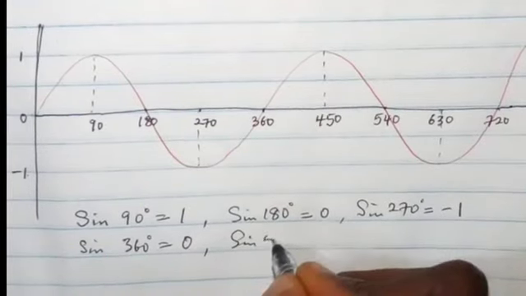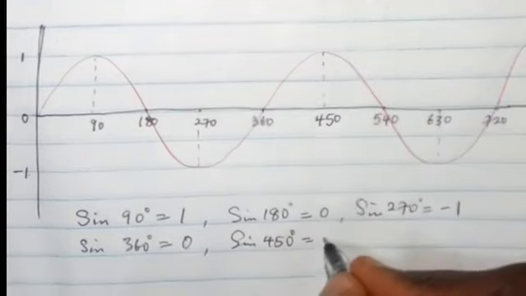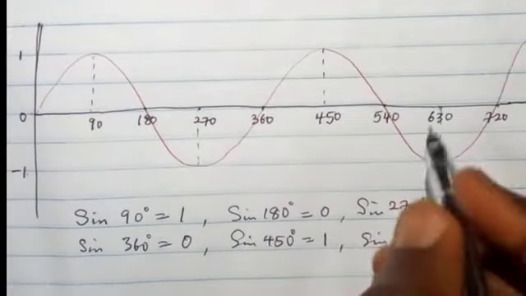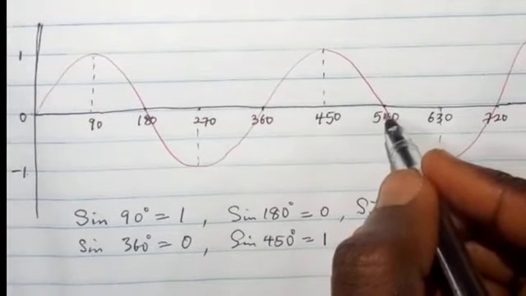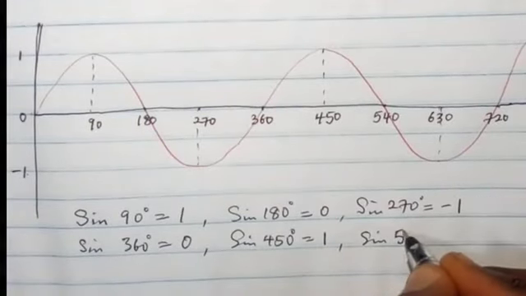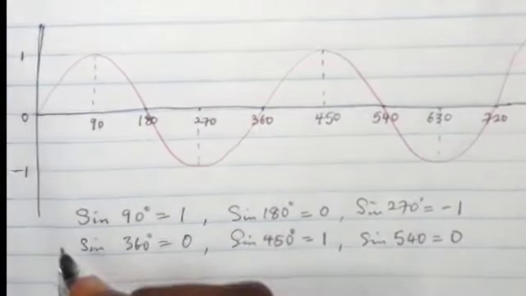For sine 450 degree, it is on the upper amplitude, so we have 1. Sine 540 degree is on the horizontal as well, so sine 540 is equal to 0.